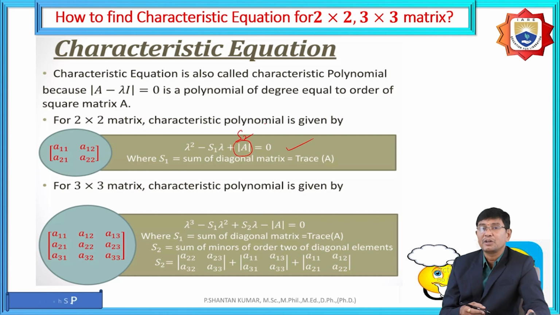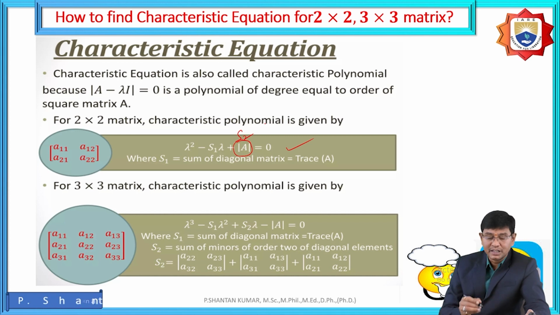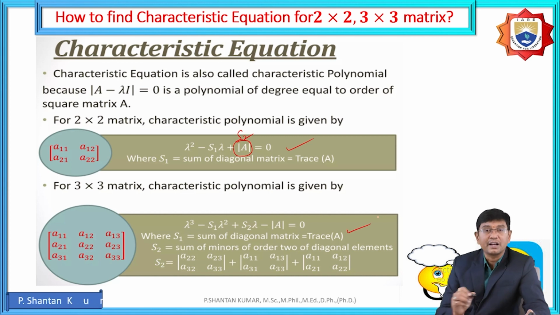Similarly, coming to 3 by 3, it means a third order polynomial. Under the third order polynomial, it is lambda cube minus s1 lambda square plus s2 lambda minus s3 is equal to 0. Here s1, s2, s3: s1 is nothing but the sum of the principal diagonal elements, the trace of the matrix. And s2 is the sum of the minors of order 2 of the diagonal elements.